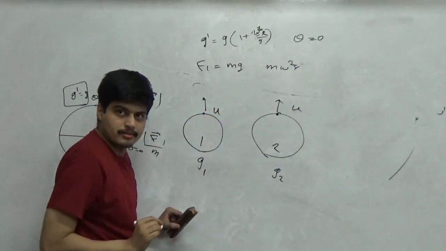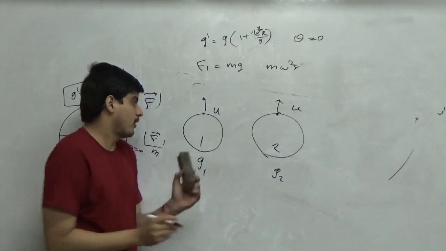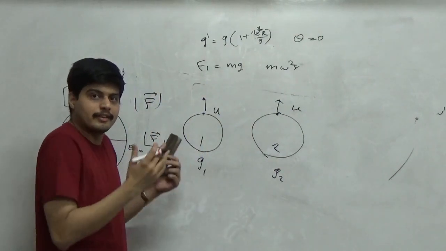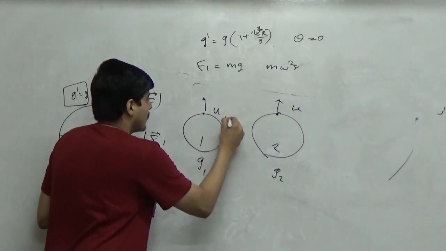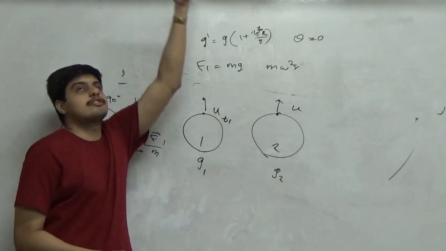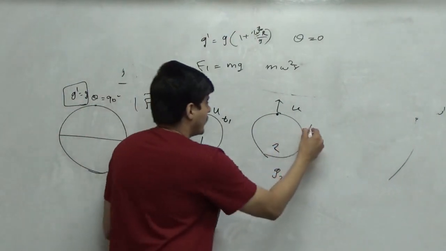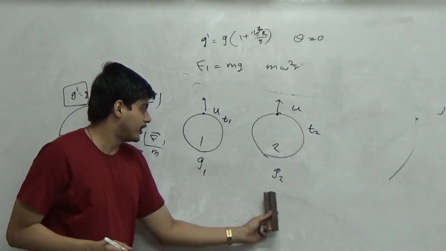He measured on a clock. You don't have to go into Einstein's relativity equations on whether this T1 and T2 were relative or absolute. Simply, in a Newtonian frame of reference, he measured that it took T1 seconds for it to go up here, and T2 seconds here. What is the relation between g1, g2, T1, T2?